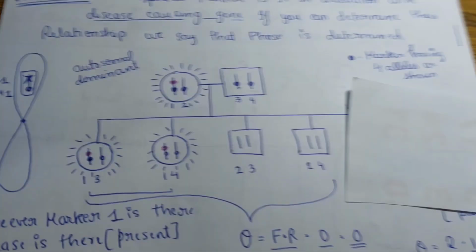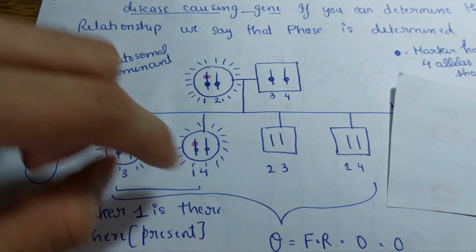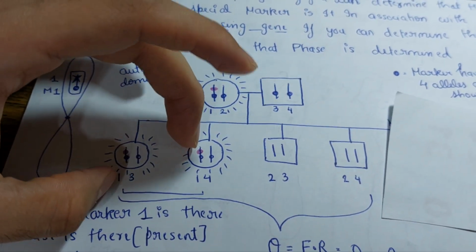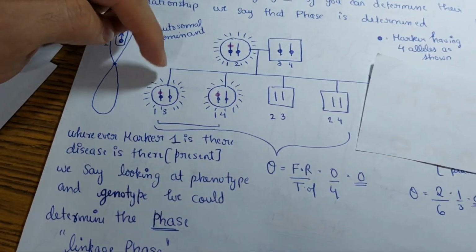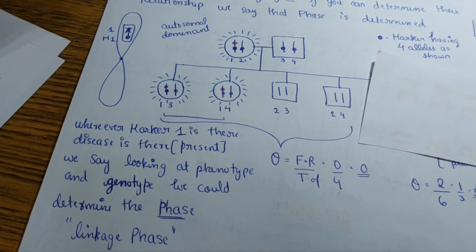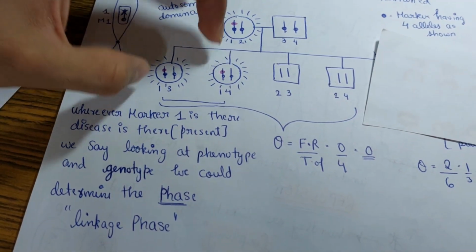When we look at the pedigree, we see that wherever allele number 1 of the marker is present, the disease is present, looking at the phenotype and genotype. So we can say that we have determined the linkage phase.